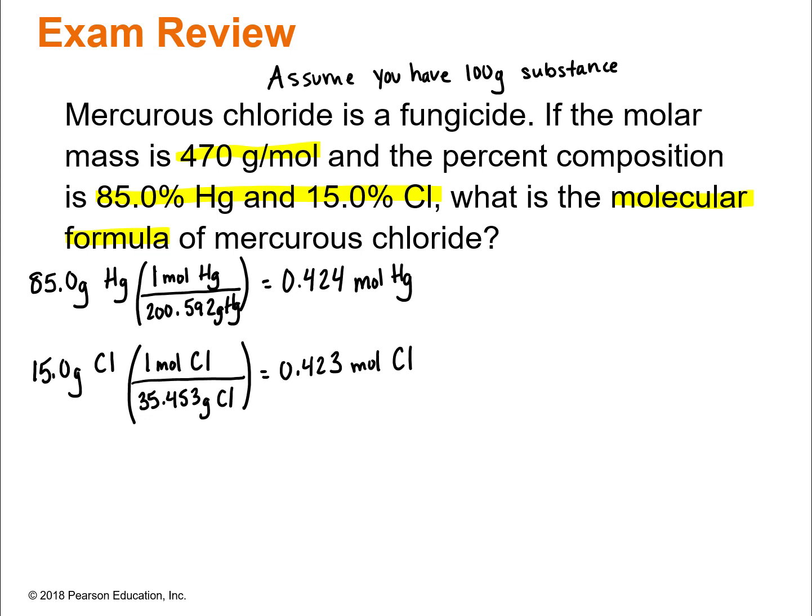So that's the number of moles of each element in this compound. We're now going to figure out the mole ratio so we can figure out the empirical formula of the compound. Both of these are about the same, 0.424, 0.423. We know that the ratio is going to be 1:1. But I want to write it out just for completion's sake.